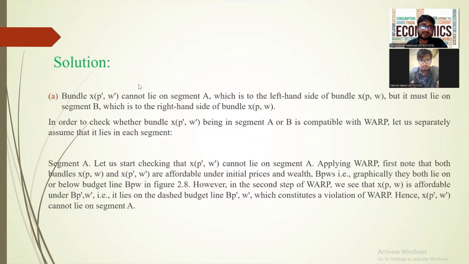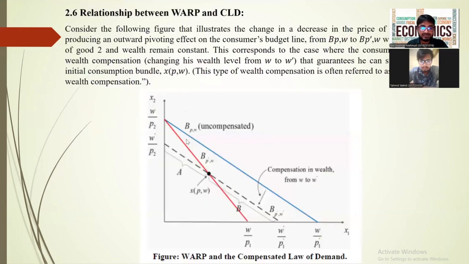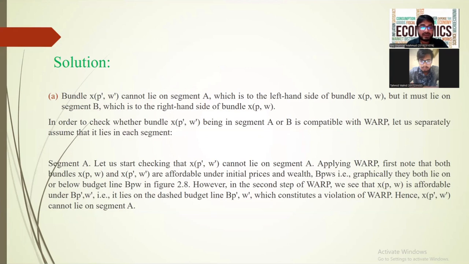Here we can see statement A, which shows us that the bundle x(p',w') cannot lie on segment A. Is it, Tahmid? Yep, you're right. We can see both bundles x(p,w) and x(p',w) in the given graph are affordable under the initial prices and wealth, as they lie on or below the budget line B(p,w).